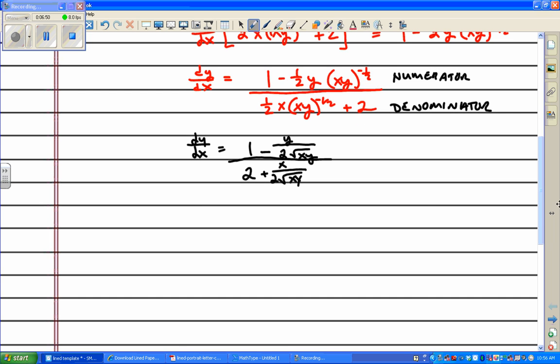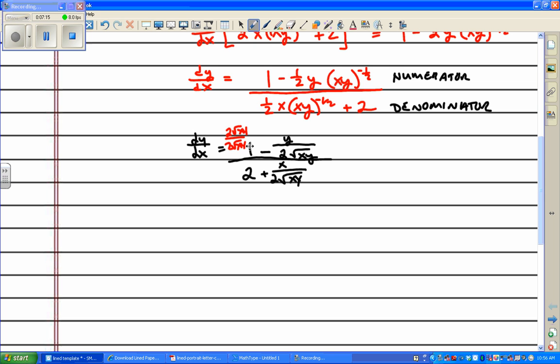Okay. Now what's nice about this is that we can go through a little bit more algebra to simplify the overall fraction. You got a fraction divided by a fraction here, so we want to get rid of that. In order to do this, I'm going to need a common denominator. I'm going to combine this 1 minus this stuff, and put that all as one fraction. So the common denominator for this is going to be 2 radical xy.